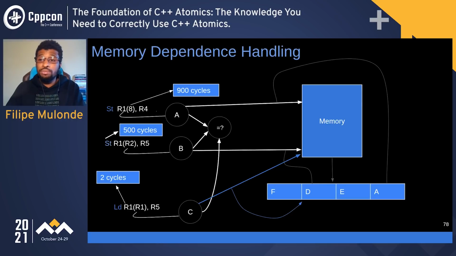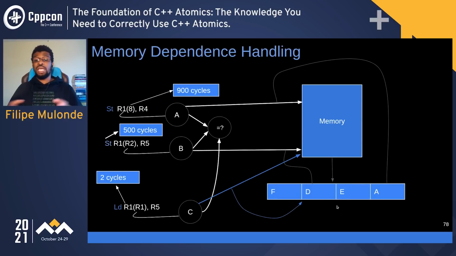And what makes the problem more complex is the fact that the first store maybe is writing to the last location of the 4 locations that this load is going to access. And the second store maybe will write to the second location of the 4 locations that this load is going to access. That means that for every location that a load is going to access, we need to check if there is no previous store that's going to write to this location.